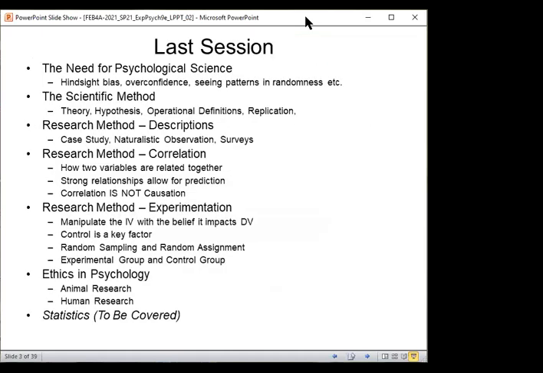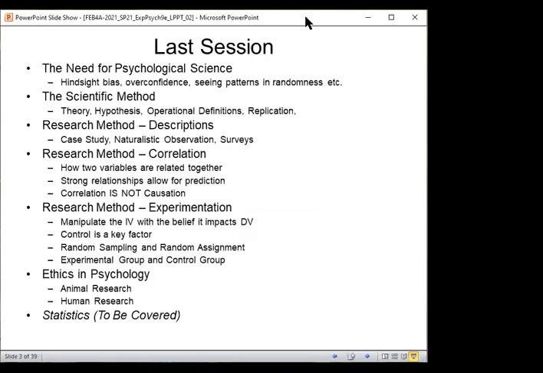Okay, let's review somewhat what we covered the last time we were here. We covered in chapter 1, critically thinking with psychology. We looked at the need for a psychological science, the idea that there are certain things that we as human beings tend to do. We have hindsight bias.